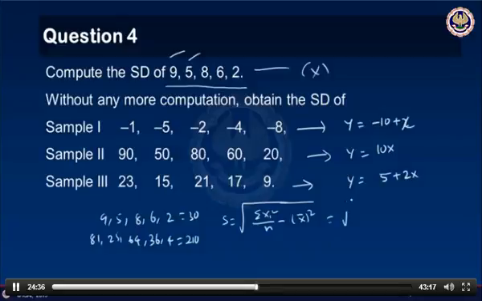Substituting these values here, 210 by 5 minus 30 by 5 whole square, which is equal to square root of 42 minus 36, which is equal to square root of 6, which is equal to 2.45.